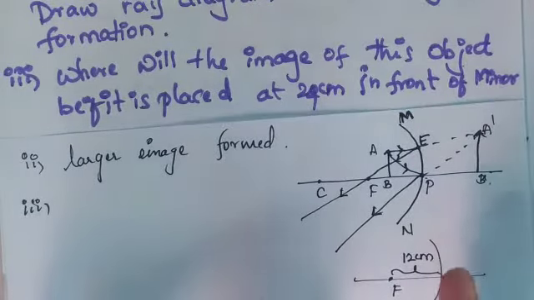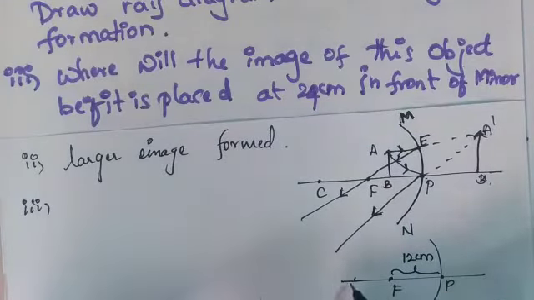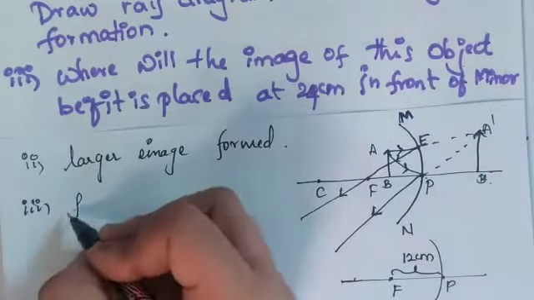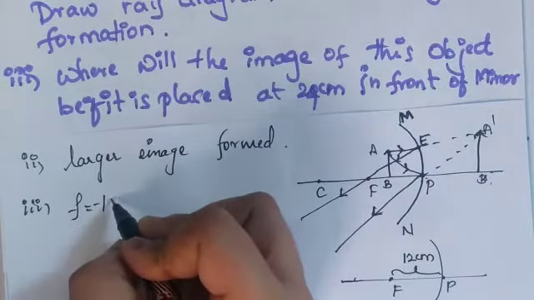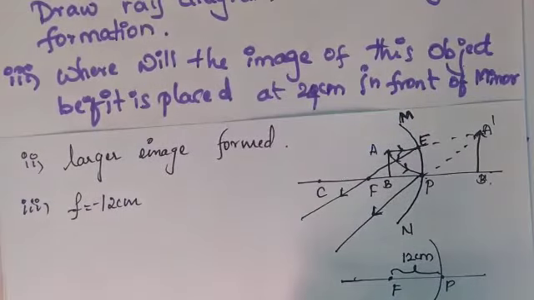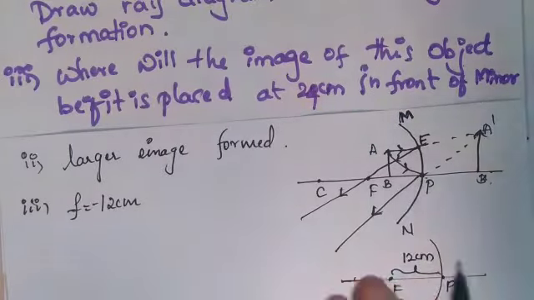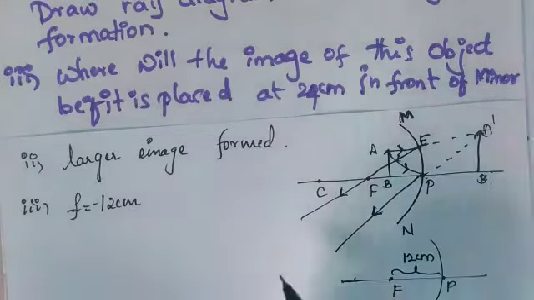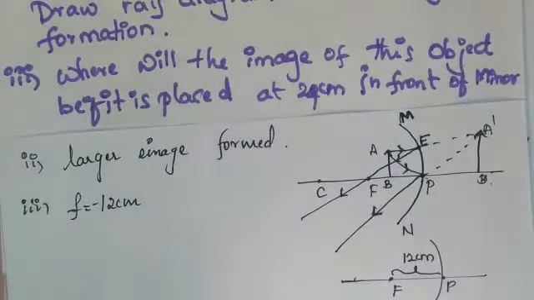If for instance I have kept an object at 24 centimeter, since focal length is minus 12 centimeter, because concave mirror means negative 12 centimeter, then where will the image be formed whenever I keep an object at 24 centimeter?